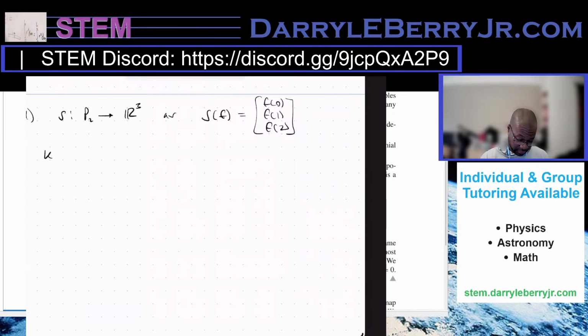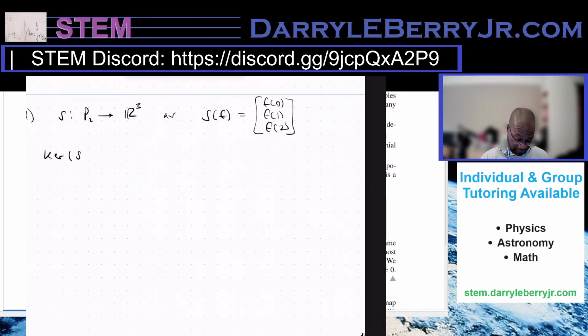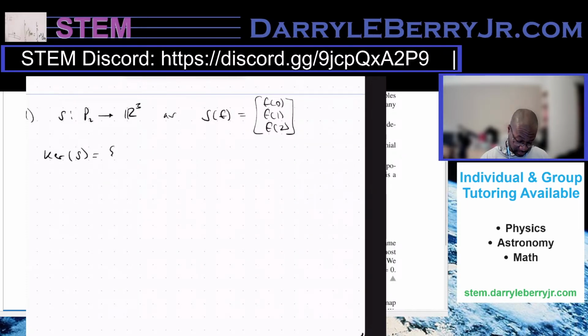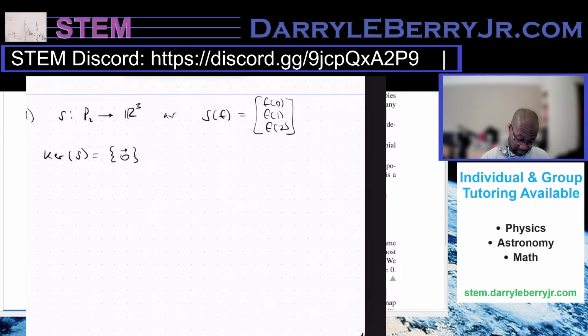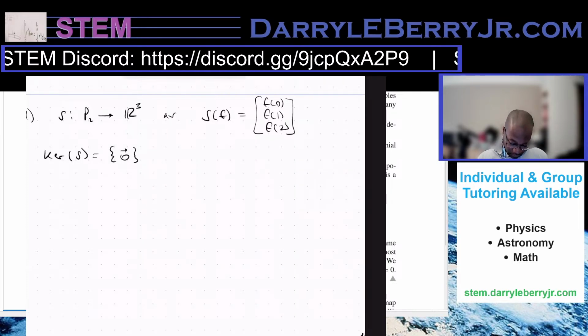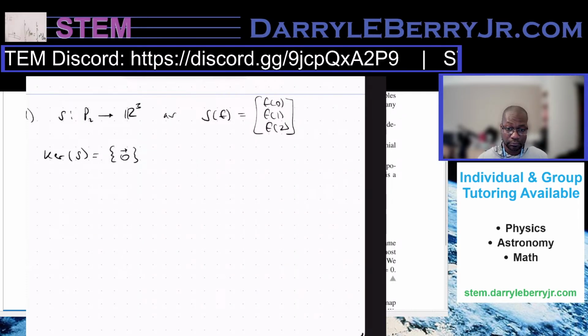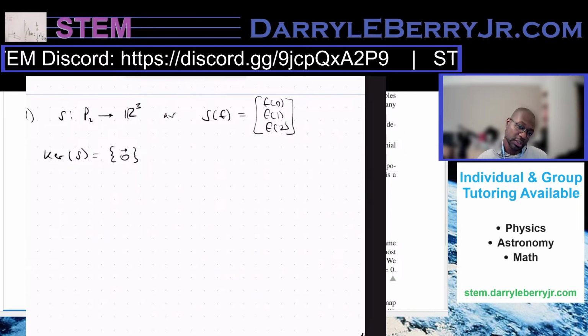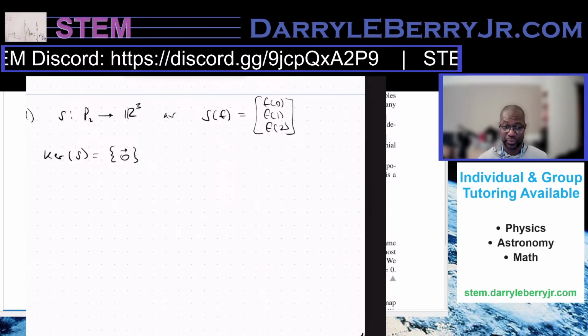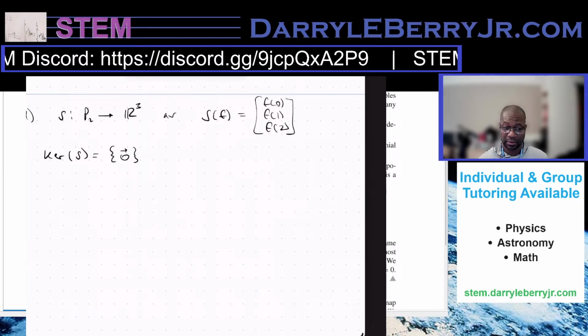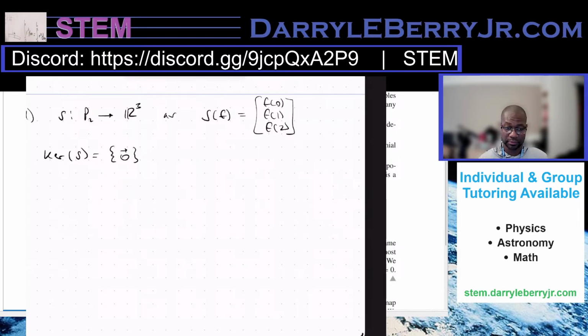So the kernel of S is the zero vector, since a non-zero quadratic polynomial can only have two roots.